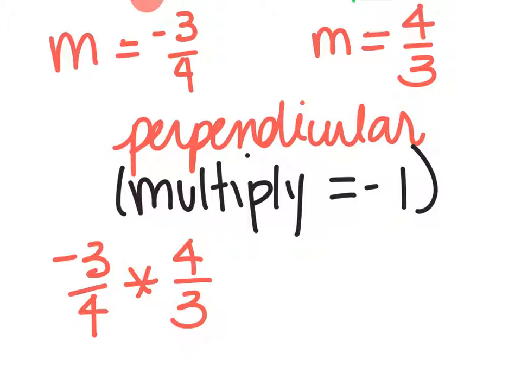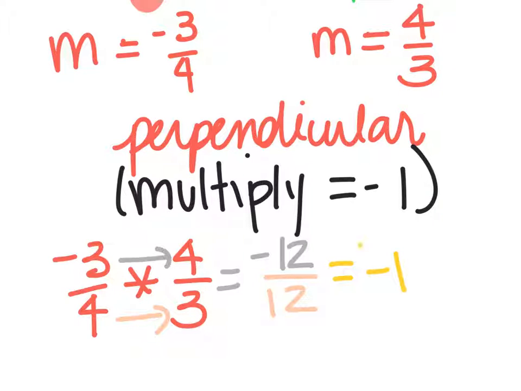So I'm going to multiply. When I multiply fractions, I multiply tops. So -3 times 4 is -12. And I multiply bottoms. 4 times 3 is +12. And if I divide -12 by +12, I get -1. So since it was -1, that again verified that they were in fact perpendicular.